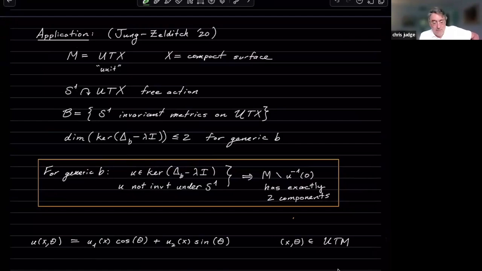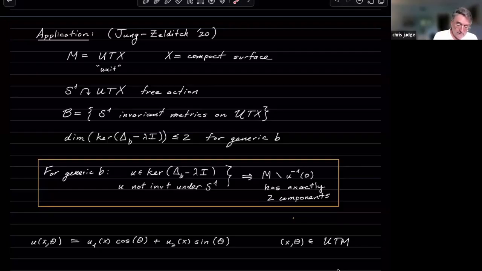The application again is this. You start with a compact surface, X, and then we take the unit tangent bundle. These are the tangent vectors that have length 1 in some metric. It's not important what that metric actually is. You could also take the projectivization of the tangent bundle if you want.